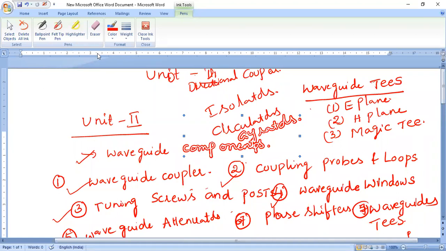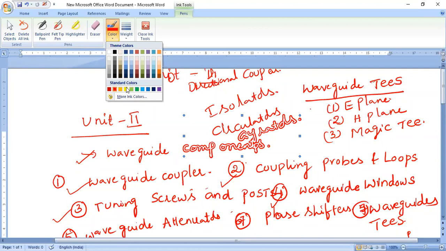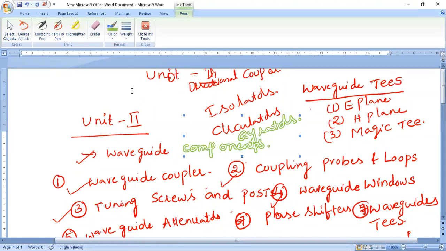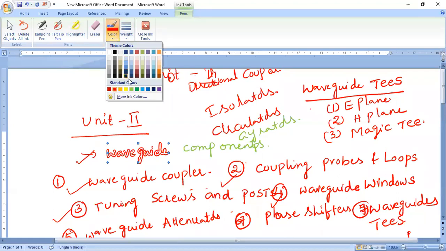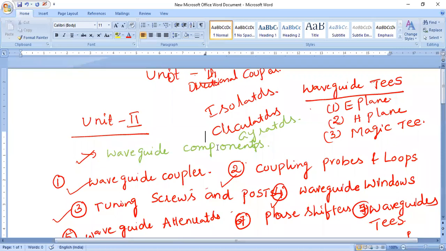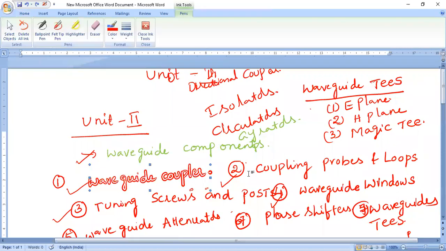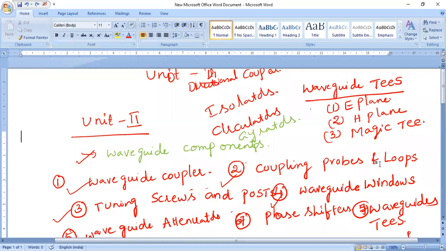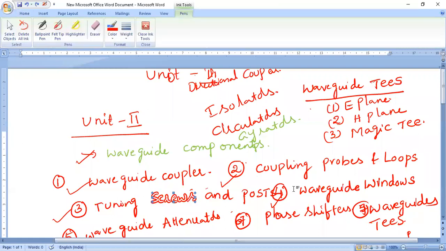Okay, so these are very important. Out of all these waveguide components, for waveguide couplers, coupling probes and loops, normally you'll get short answer questions. Tuning screws also short answer questions.